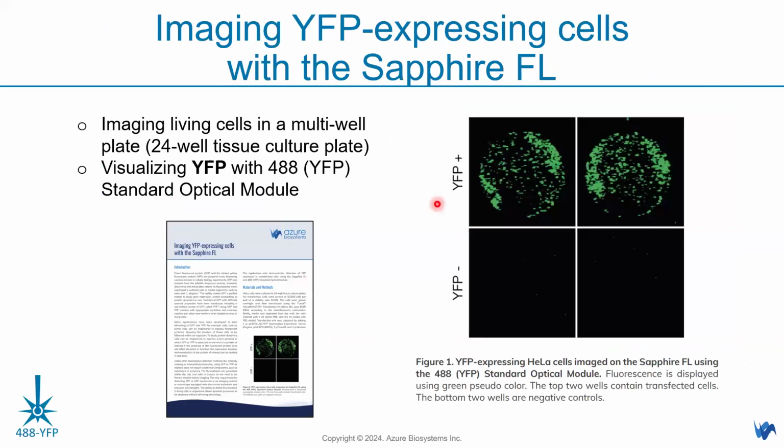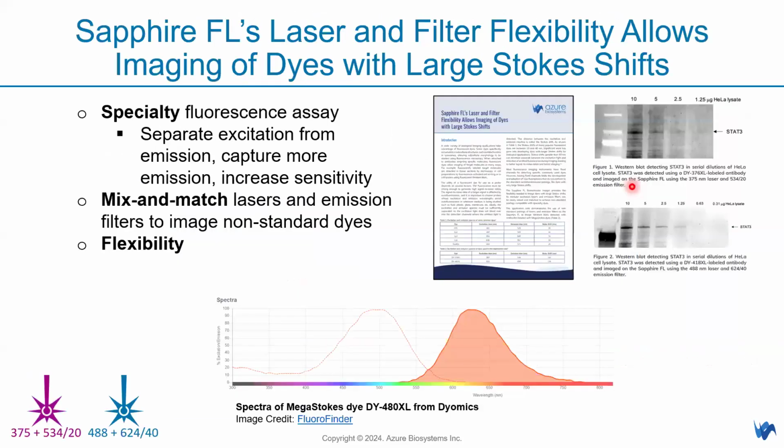yellow fluorescent protein expressing cells, and that is for transfection checking. And also the mega Stokes dye, which has dyes with a large Stokes shift like this, that is very good in terms of background signals and increased sensitivity.